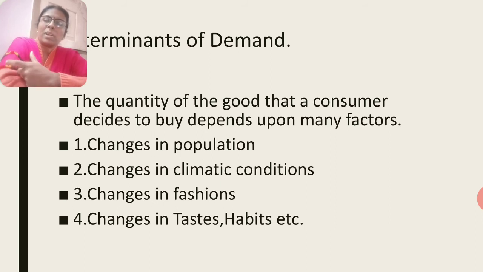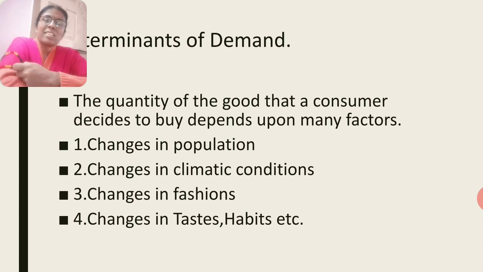So population determines the level of demand for goods and services. This is a very important factor. Yes, dear students. Second point, check there, changes in climatic conditions. Definitely climate occupies a very important place in determining the level of demand.